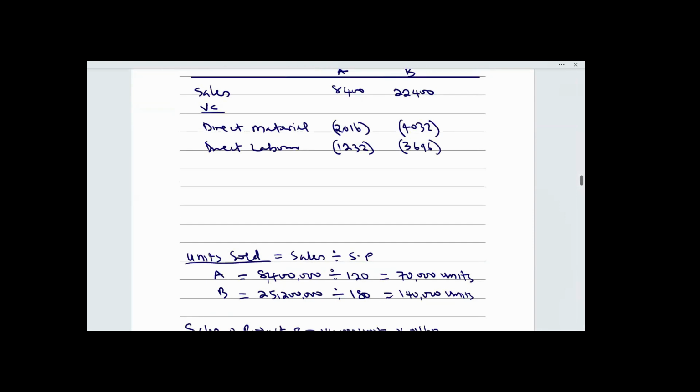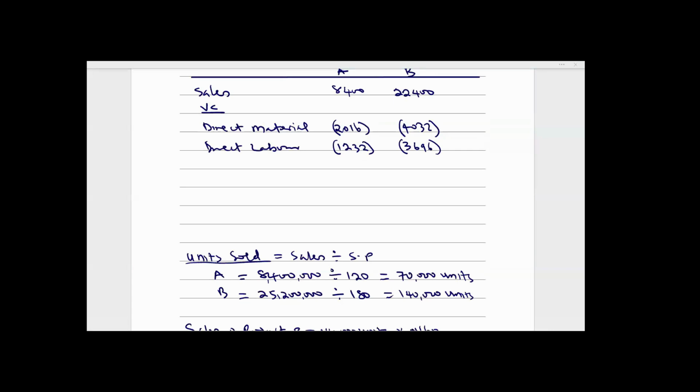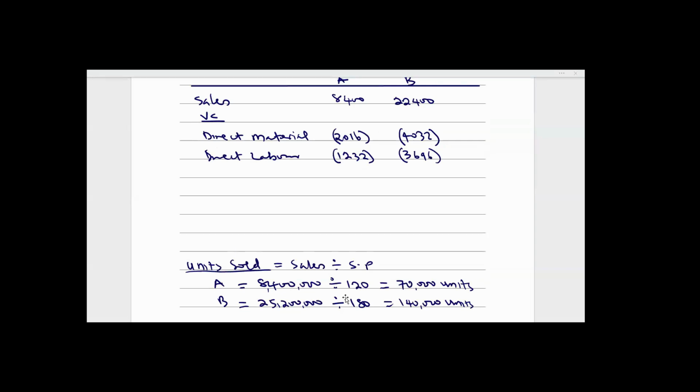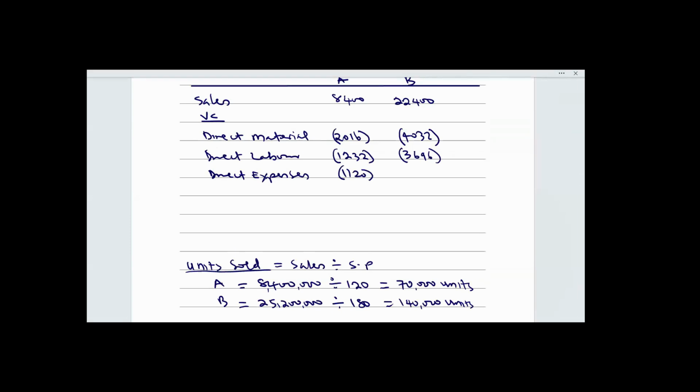But direct expenses did not change. It's not direct labor, it's direct expenses, a typo. Therefore, direct expenses is 1120, then 2240 for B.